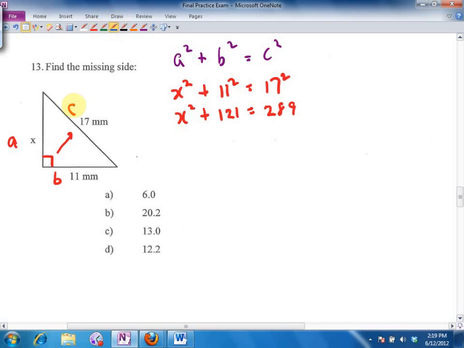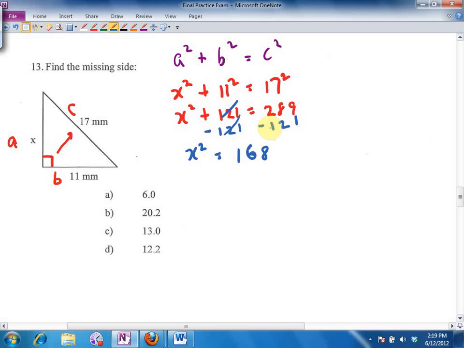What do I do next, Ashley? That's right, because I want to get the x's by themselves. So I subtract 121 to get rid of it, so x squared is by itself. I get x squared equals 168.